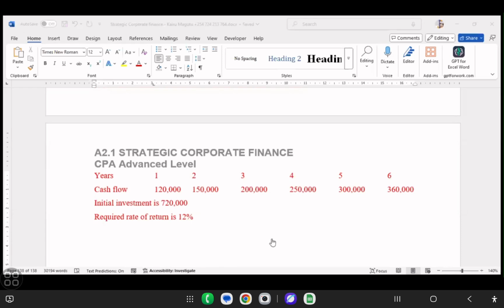How much is Rwanda charging for the interest rate, the risk-free rate? Maybe someone can give me that. Rwanda, how much is it? Maybe you can write there. I need to see. How much is the risk-free rate by the Central Bank of Rwanda?